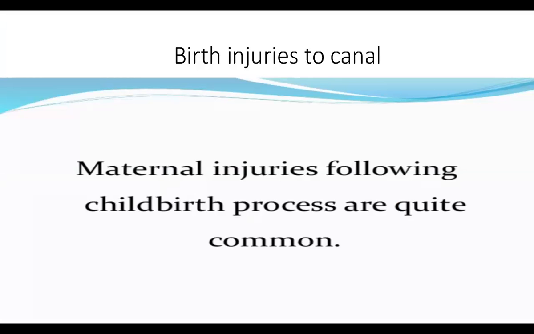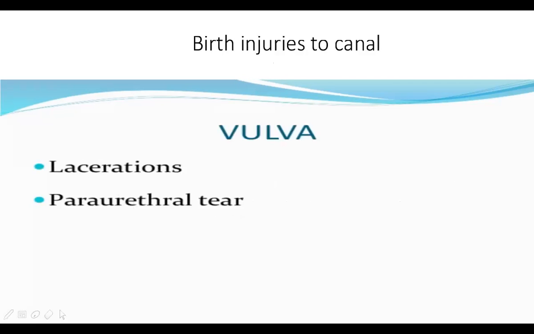So what can it lead to? Maternal injuries following the childbirth process are quite common. Birth injuries to the canal, that is the vulva, can lead to laceration, and a para-urethral tear can take place.